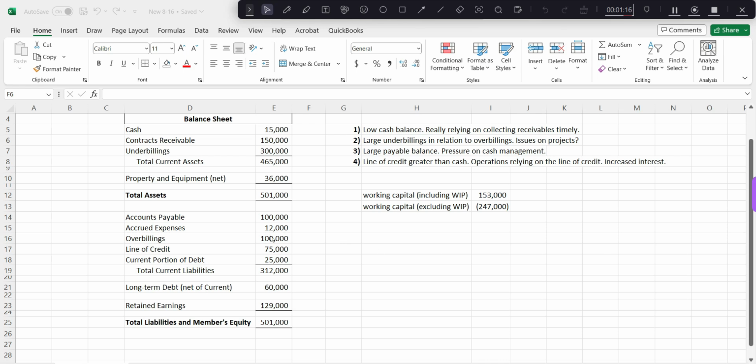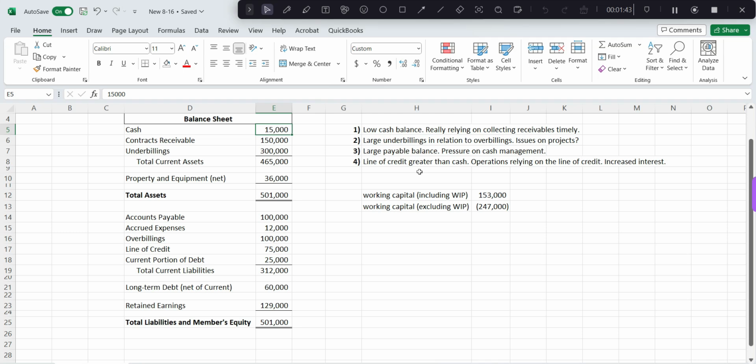As you can see, the line of credit, $75,000, is greater than the $15,000 in cash. That's the fourth issue we see here. Operations are really relying on that line of credit. With that, of course, comes interest expense, which these days is not that great. So those are the four items there.